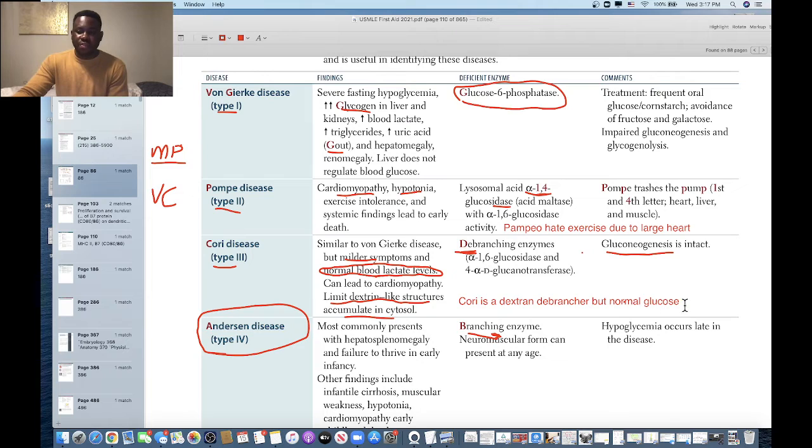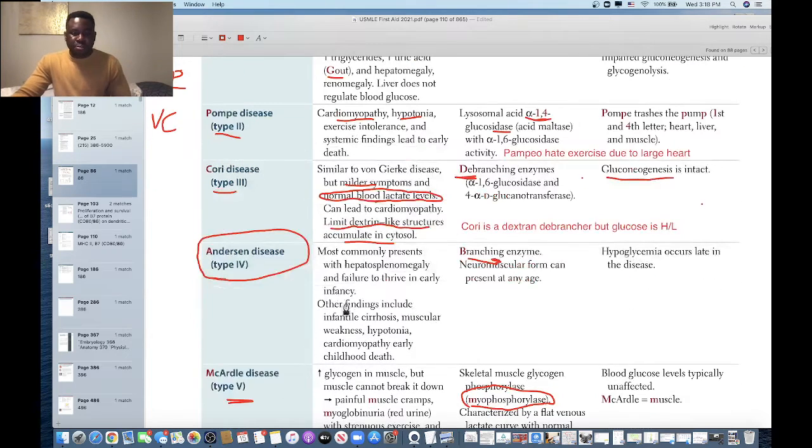So here I can put glucose varies, high or low. Just take note of that. It's only Cori that behaves this way. Cori is a dextrin debrancher, and that tells you it's the debranching enzyme.